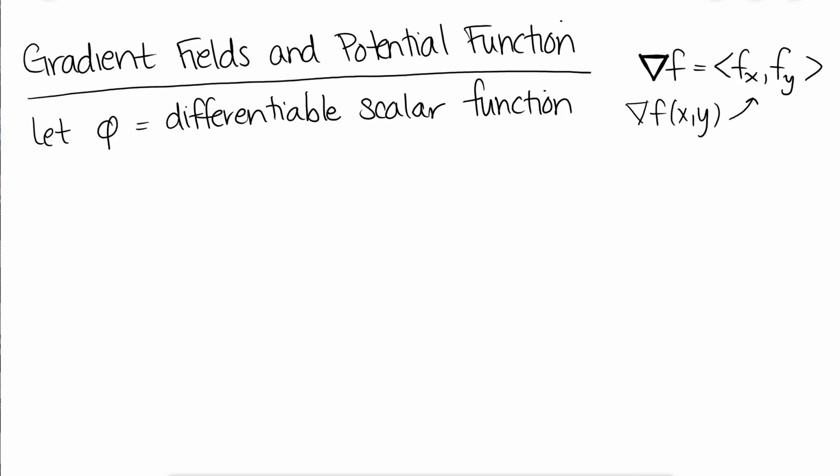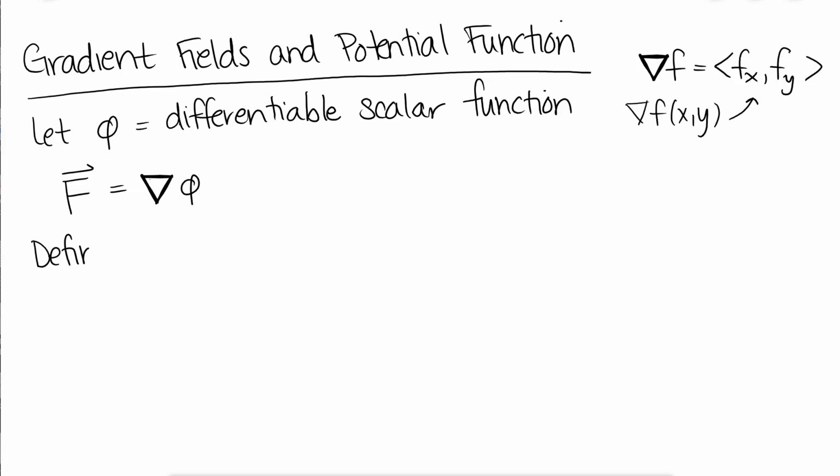Then we're going to state that the gradient is a vector field. Let's consider this vector field: it's just the gradient of phi. We say that phi is what we call the potential function, and f is the gradient field.